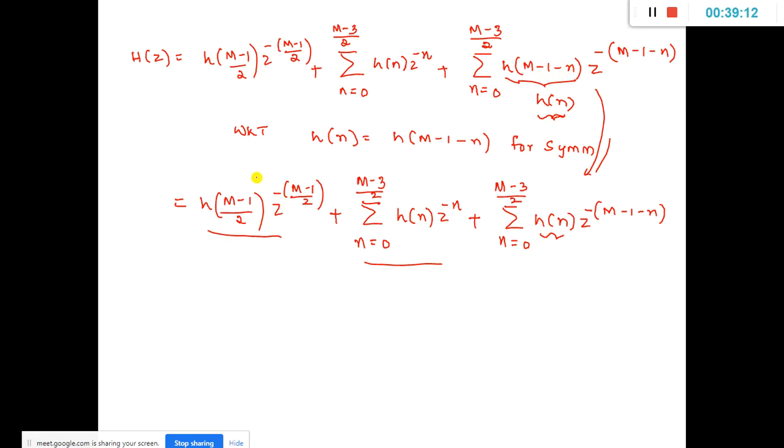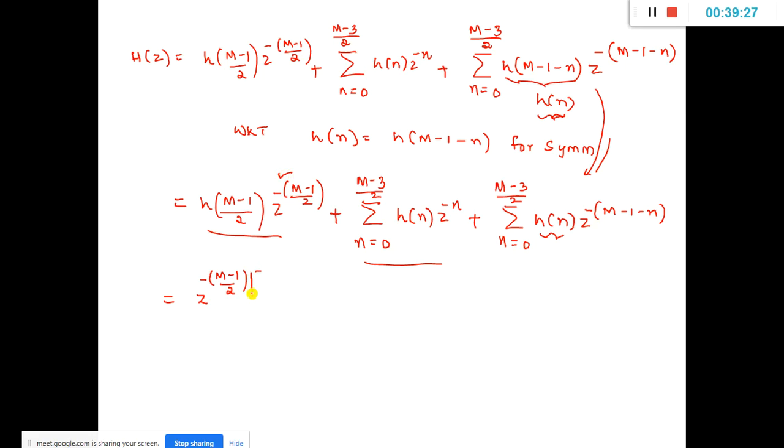Now from this entire equation, I try to take one thing as a common factor, that is z raised to minus m minus 1 by 2. I'll take this term as a common factor.